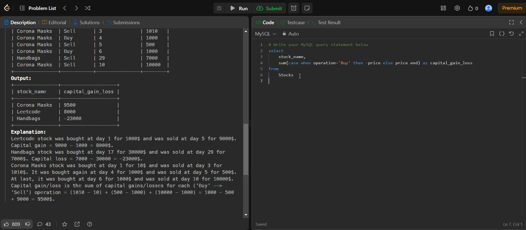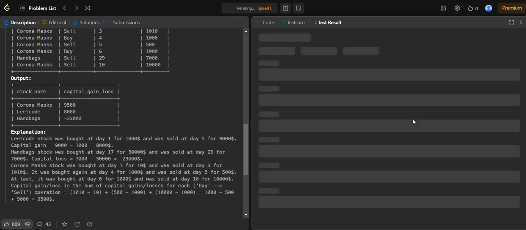Then I use a group by here, simply group by one. Then the problem is solved. I can simply run this and it will get accepted.